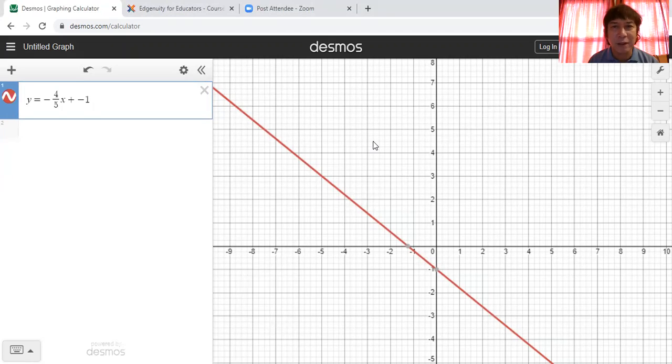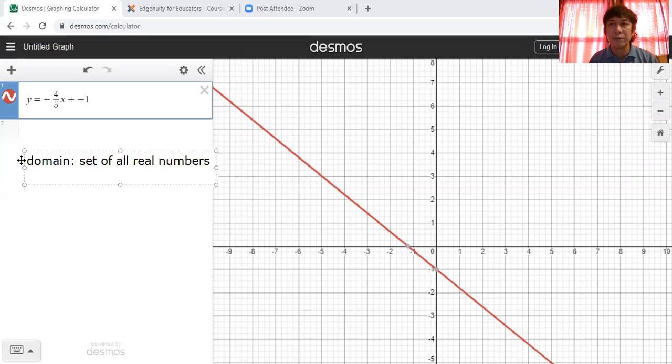And the domain, let's talk about the domain for this line. The domain is, again, all possible values of x. So this will be the set of all real numbers. And of course, the range is the same, okay?